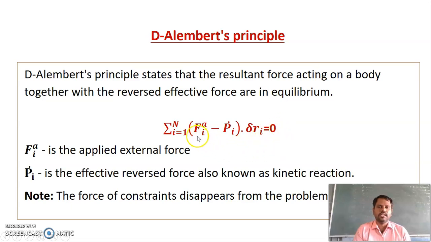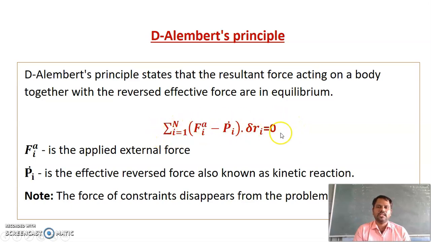You have seen the applied external force minus the reversed effective force, the total force is 0. So summation i is equal to 1 to n, Fi^a minus Pi dot, into delta Ri is equal to 0.